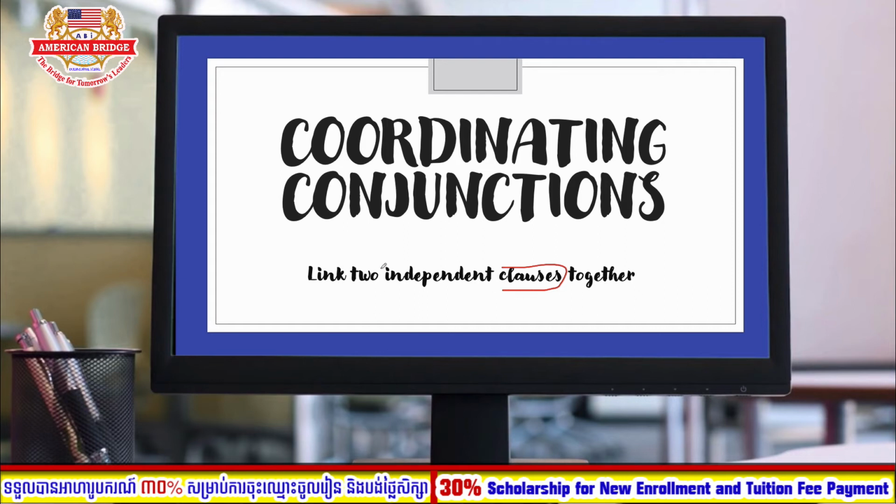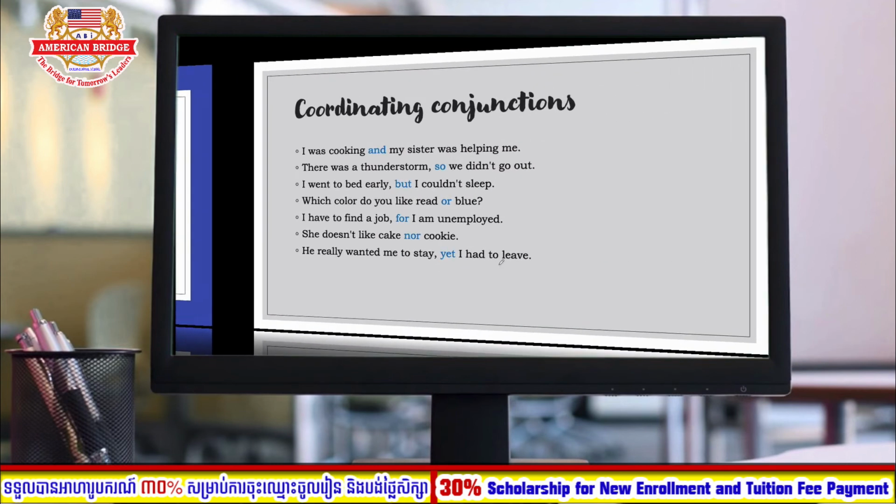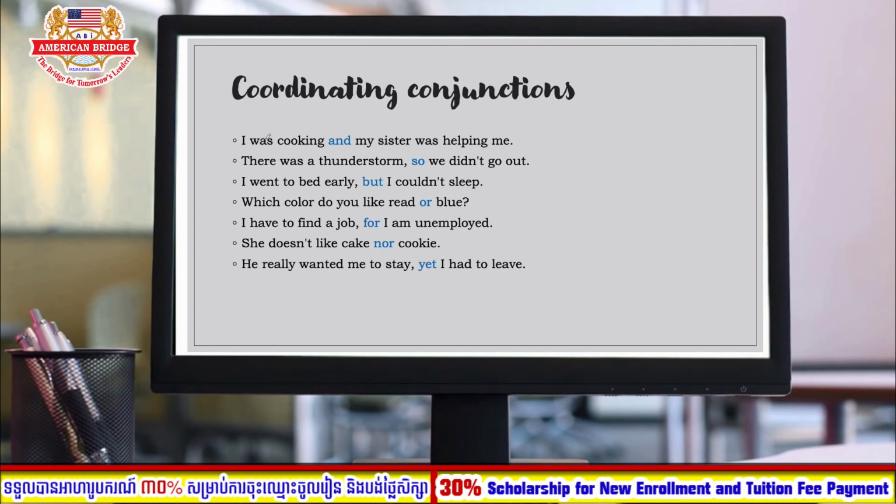Okay, only the independent clauses that coordinating conjunction can link together. So let's look at some of the examples here. I was cooking. It is one clause and it is an independent clause. So I say IC, which is independent clause, and my sister was helping me is also an independent clause.